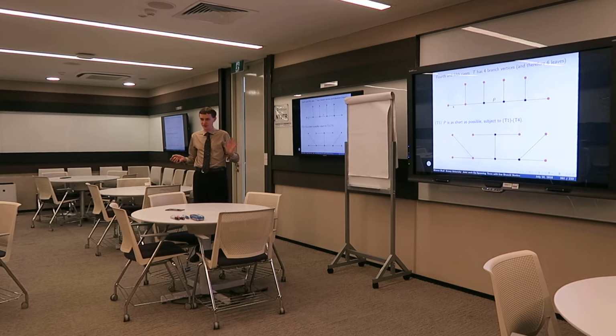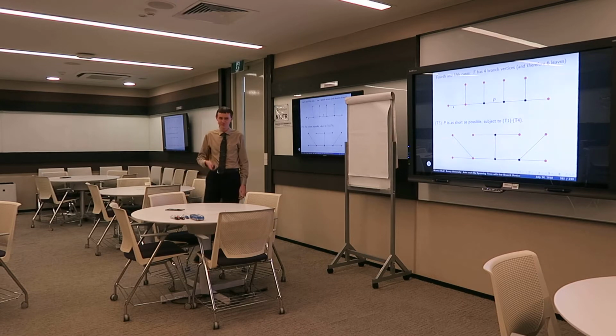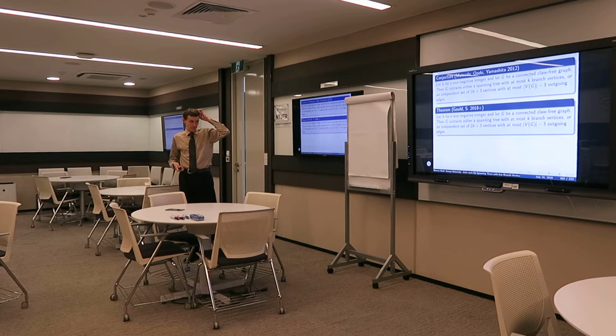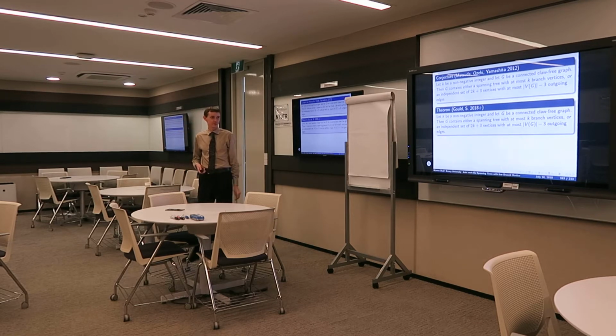Now I'm going to move into talking about the general case and just a very brief overview of the new ideas that were needed for it. Okay, so here again is the conjecture from before, and the same conjecture, we think, is now a theorem.